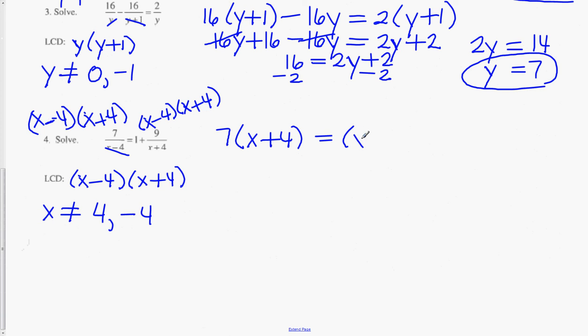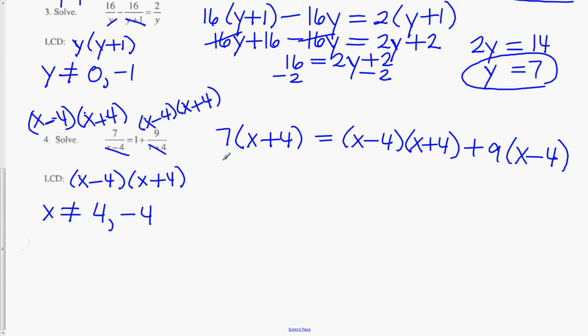So that means I'm going to have x minus 4 times x plus 4 because it would be 1 times those. I don't have to write the 1. Then the 9, I've got a plus 9. The x plus 4 would cancel with an x plus 4 on the top, so I'd have a 9 times x minus 4.